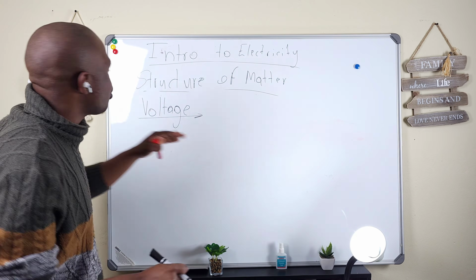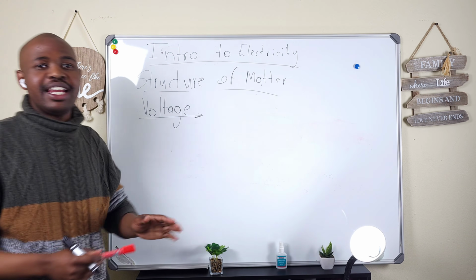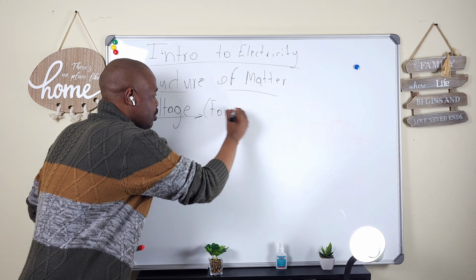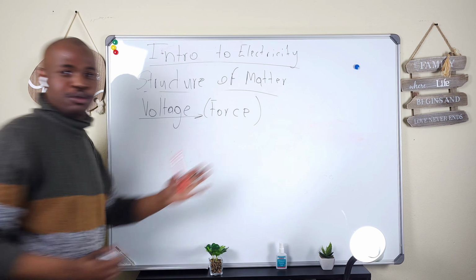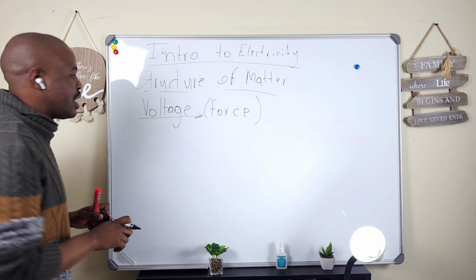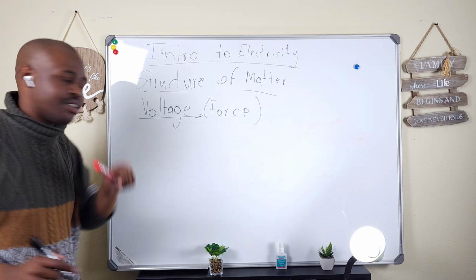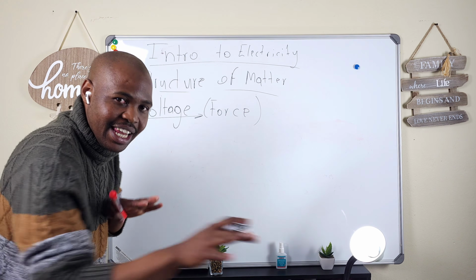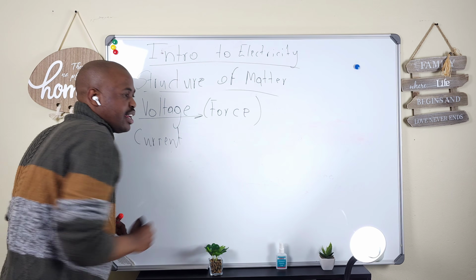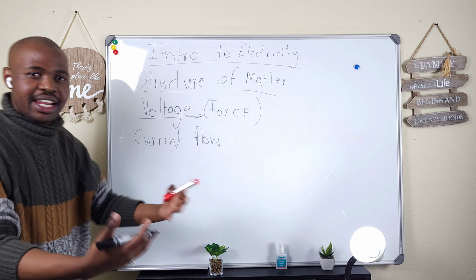So voltage, guys, is the force that causes electrons to move in a specific direction. What is this movement of free electrons called? We call it the current flow. Current flow is the movement of electrons.